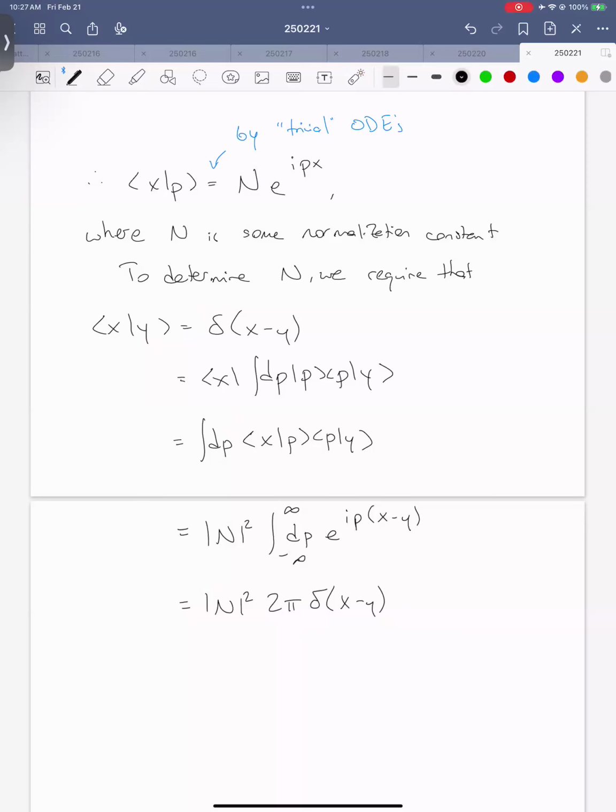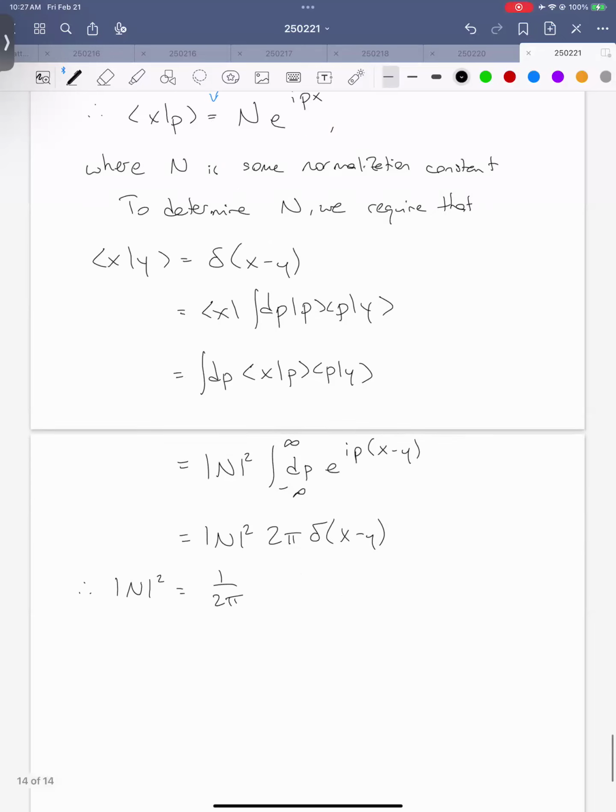So therefore, the mod of n squared is equal to 1 over 2 pi. So that tells us that n is equal to 1 over the square root of 2 pi and some phase factor. But we can take that phase factor to be 1.